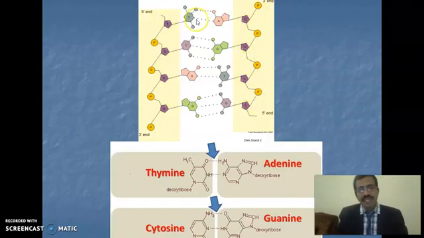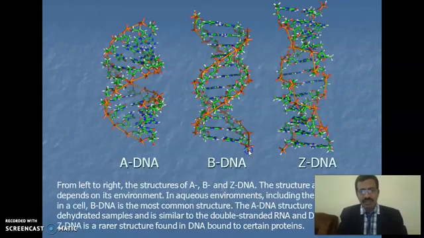These two strands are bonded with the help of the hydrogen bonds between the nitrogen bases. Here we see thymine binding with adenine with the help of two hydrogen bonds. Here we see cytosine binding with guanine with the help of three hydrogen bonds.